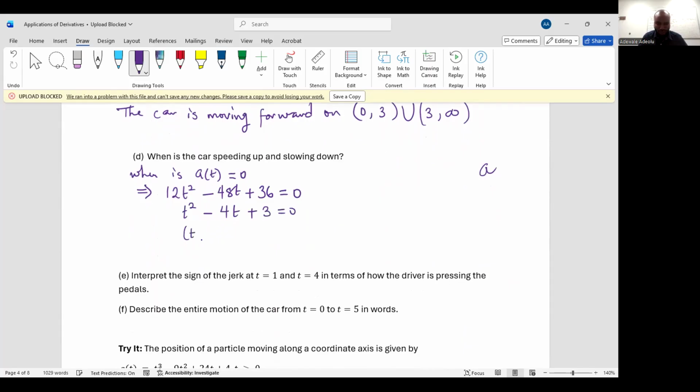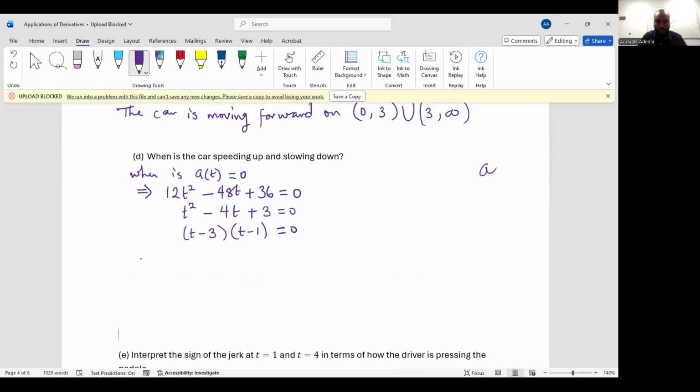I can solve this: t minus 3 times t minus 1 equals 0. It turns out that I am cruising when t is at 3 seconds and when t is at 1 second. I'm cruising at those 2 points, 2 times, if you can picture it that way.